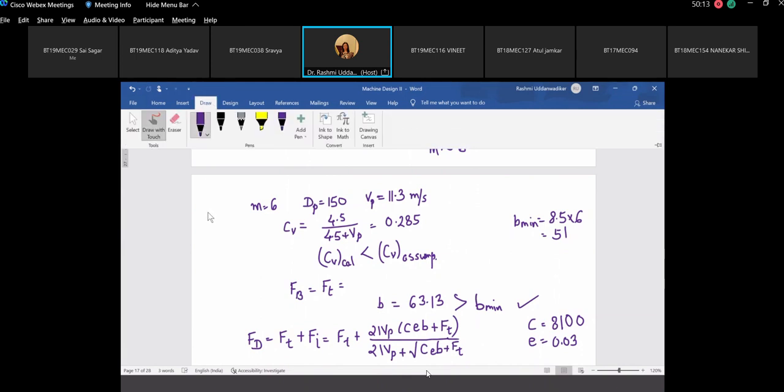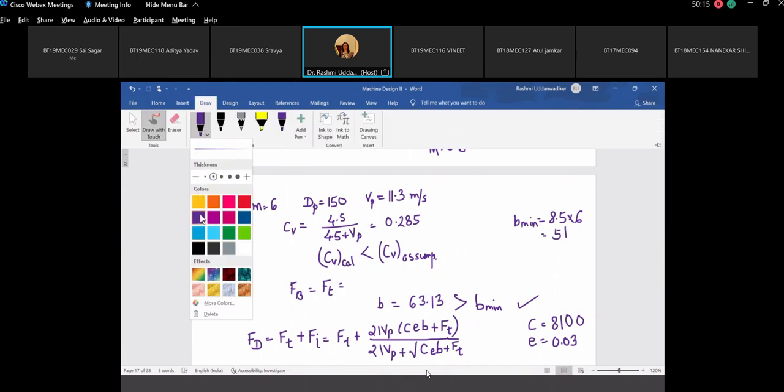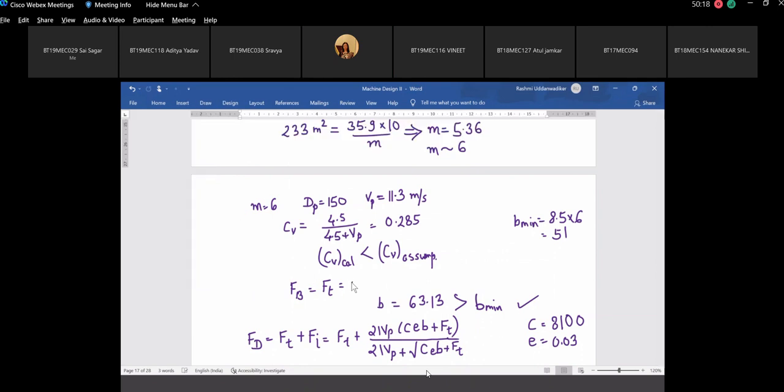Give me this now. FT is the design power upon VP, which you have calculated as 35.83 into 10 cube by M. And now if M is 6, what is the value of FT? 5984.04.